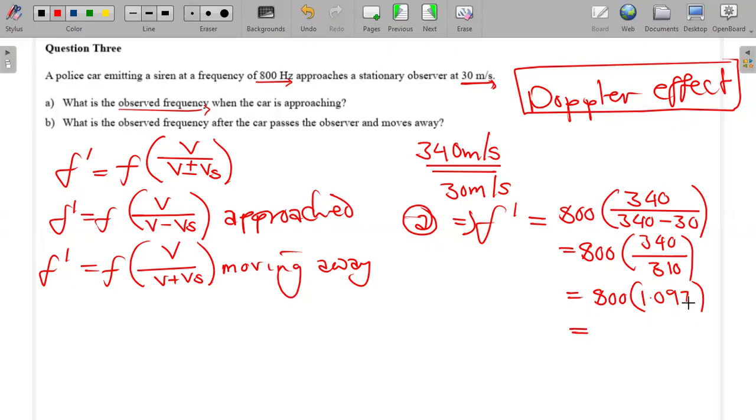Yes. Okay, so you multiply 1.097 by 800. What answer do we get as the observed frequency?